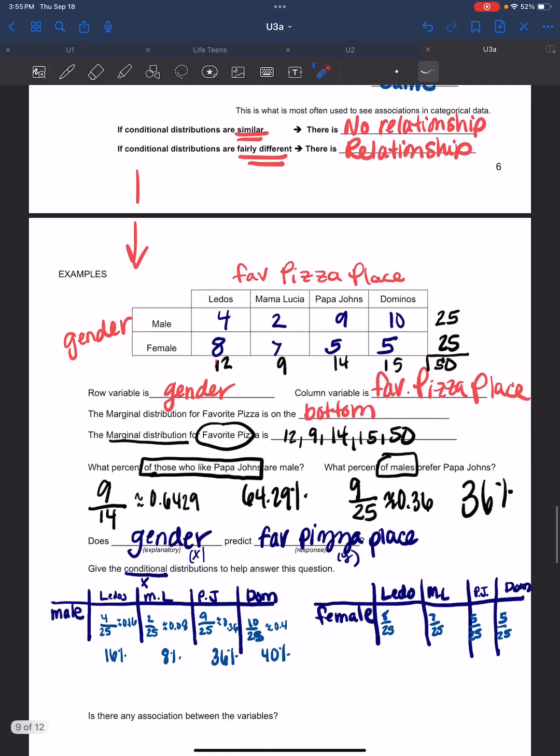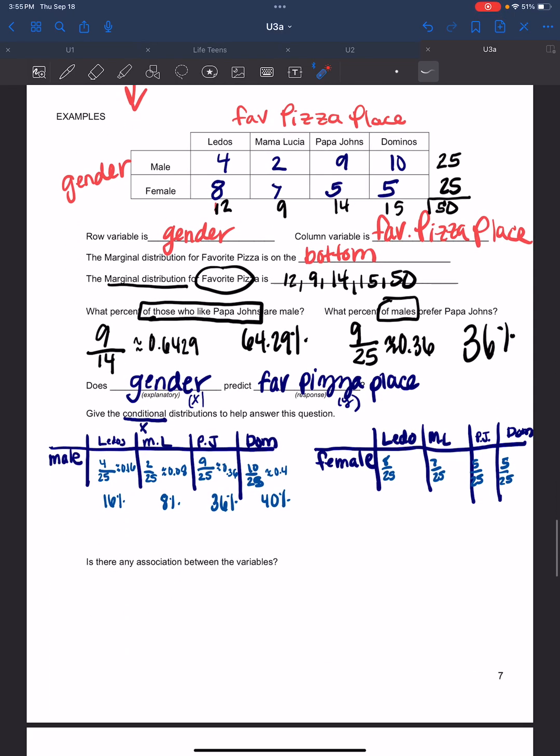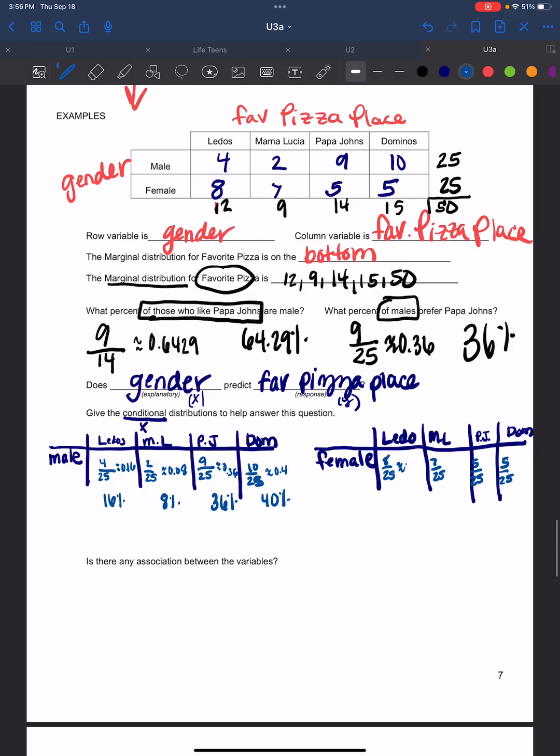Okay, so we need to make the conditional distribution for these ladies over here. So let's do the same thing. We have 8 out of 25 is 0.32, which is 32%. 7 out of 25 is 0.28, which is 28%. 5 out of 25 is 20%.